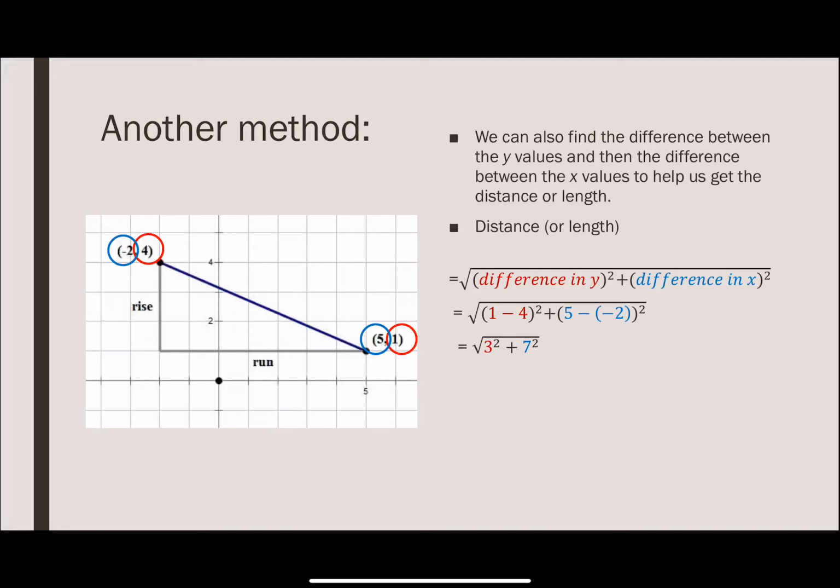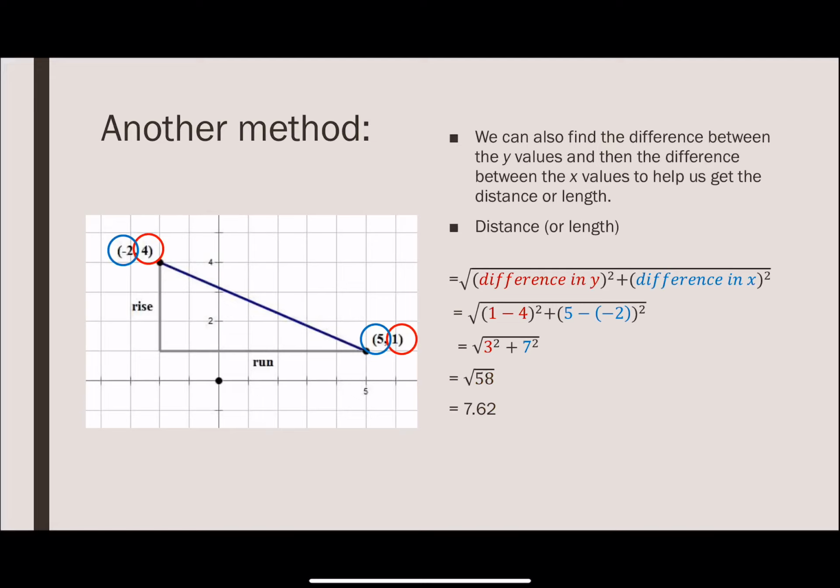So what we're going to get is negative 3 squared, which is the same as 3 squared, because when you square anything, the negatives don't quite matter. So we will be able to get it as 58, and then you will be able to get it as 7.62 units.